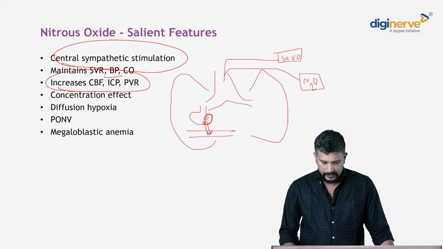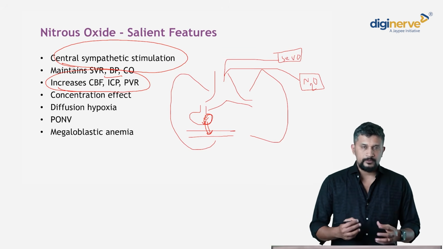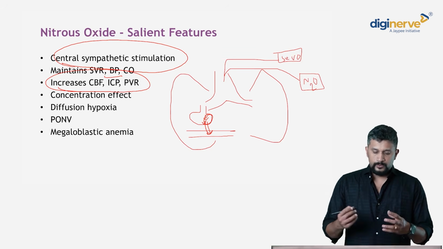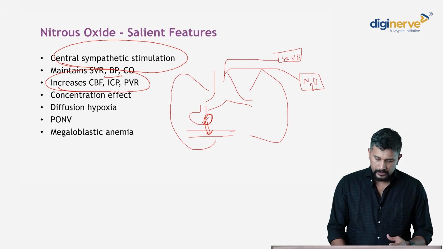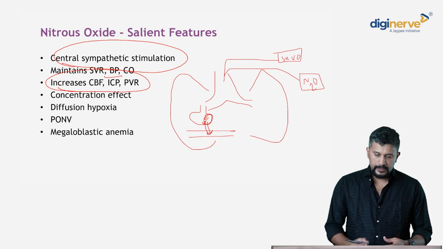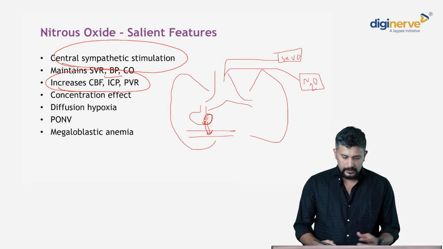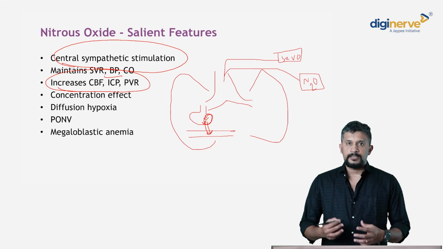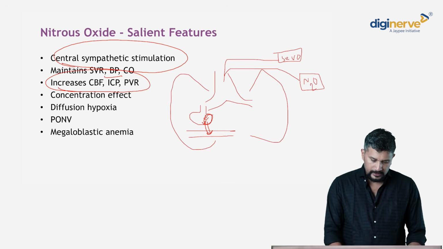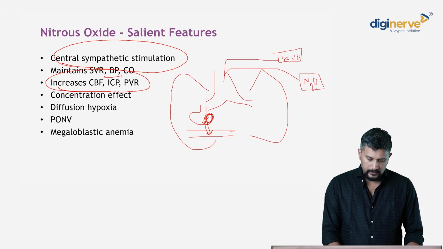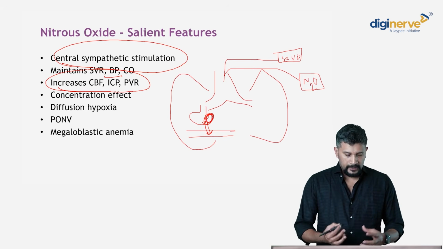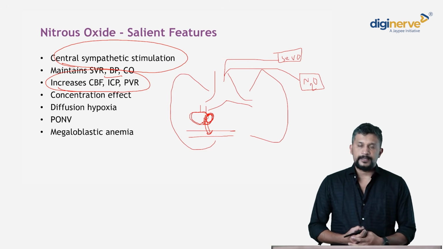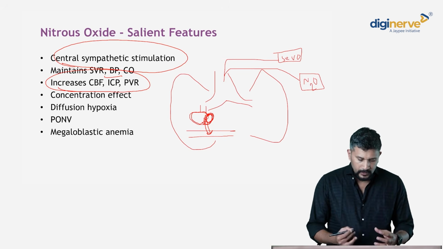So remember, nitrous oxide is 30 times more soluble in the pulmonary circulation than nitrogen. When you administer nitrous oxide along with sevoflurane and isoflurane as an adjunct, it diffuses across the alveolus much more rapidly and leaves behind a void, which tends to concentrate the remaining gases present within the alveolus.